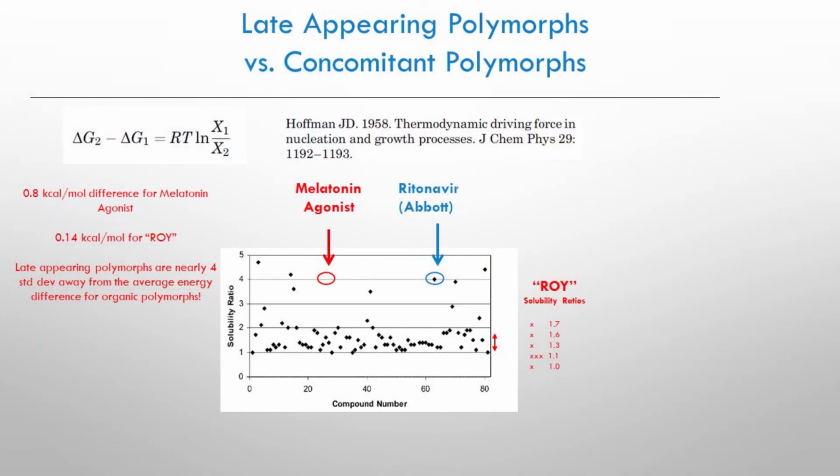To get to the main point, it was almost like ritonavir also, where that metastable form was fourfold more soluble than the stable polymorph. So it was pretty exceptional.